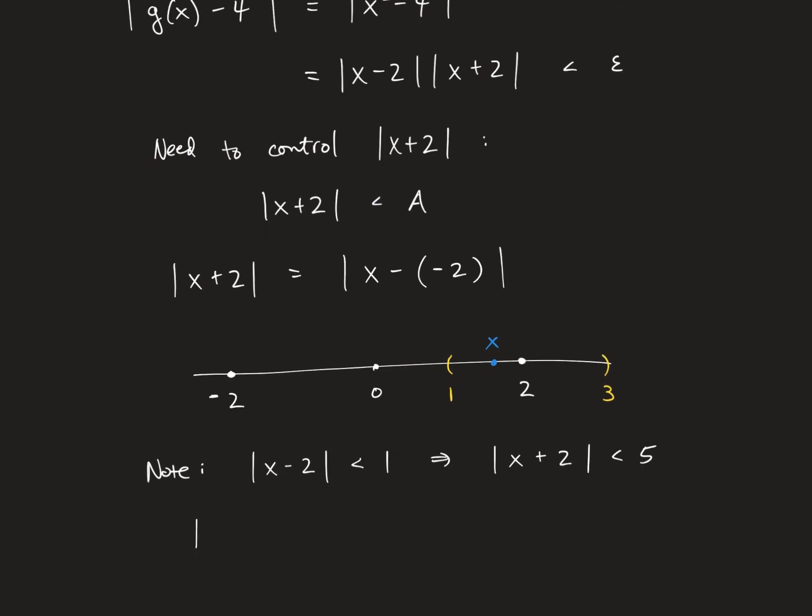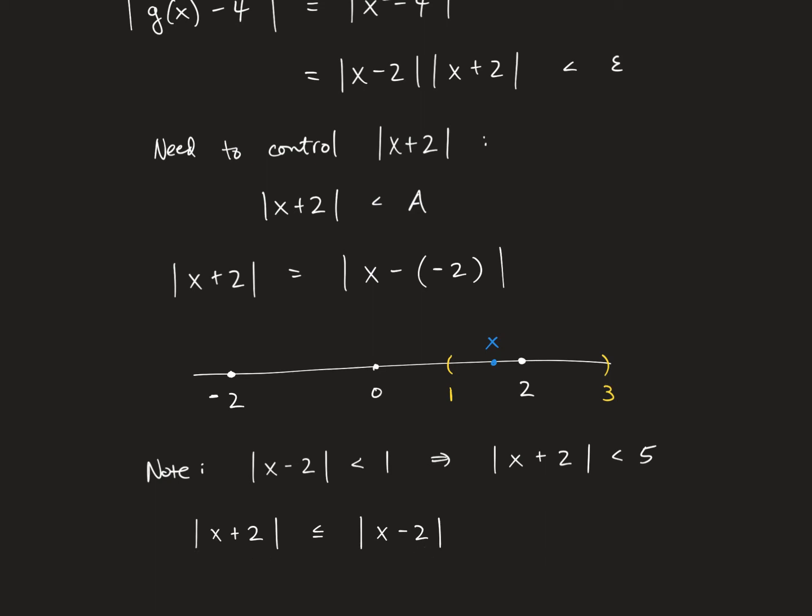So the distance from x to negative 2, I can use the triangle inequality to say that this is less than or equal to the distance from x to 2. We're measuring the distance from x to negative 2, so make 2 the middleman.